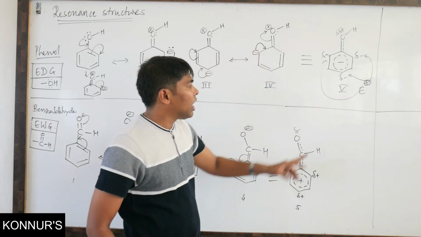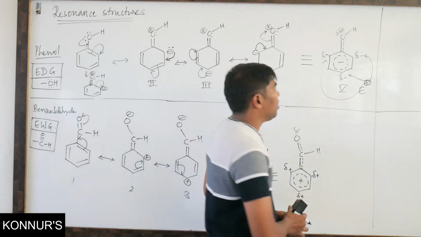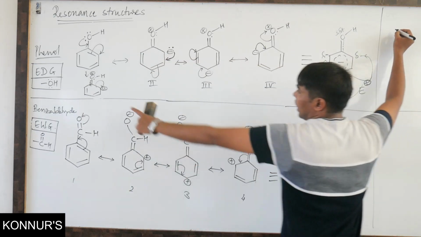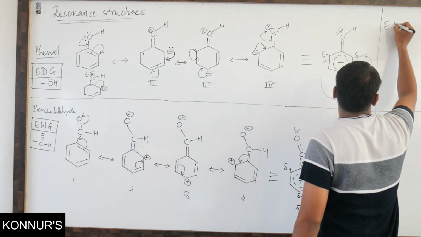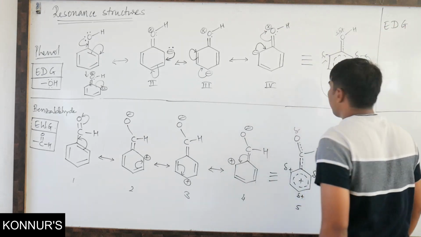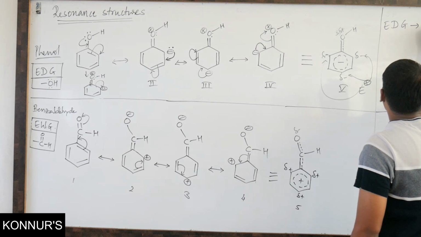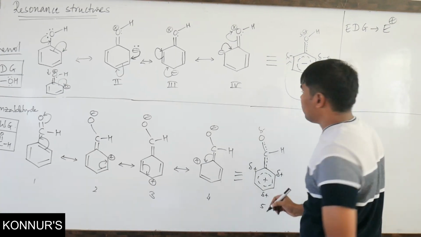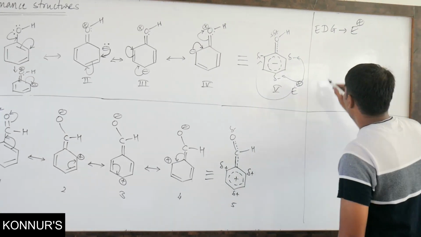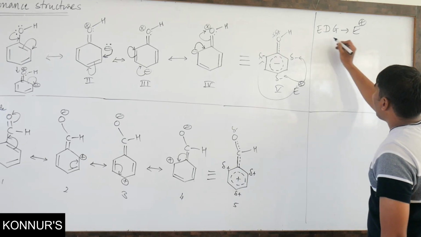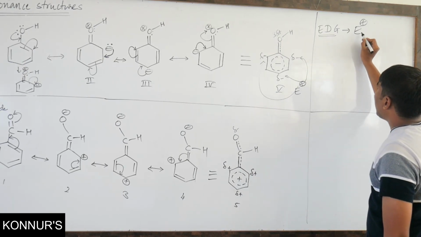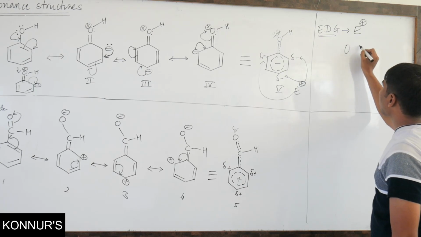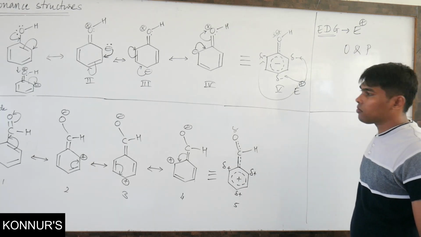So for electrophilic substitution, if the electrophile is going to substitute on an electron donating group, what happens? The electron donating group directs the electrophile to the ortho and para positions.